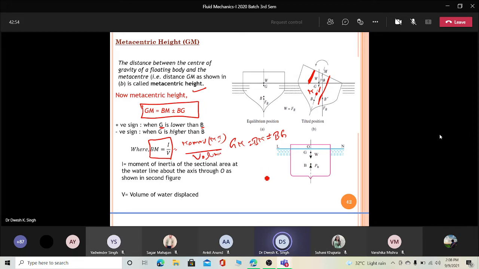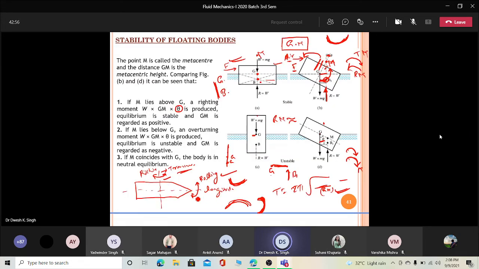Now, as I told you, this body oscillates about the two axes, that is longitudinal and transverse. Now let us consider, if you are taking this as B and this as the length. Now what is the BM? Let me erase this.